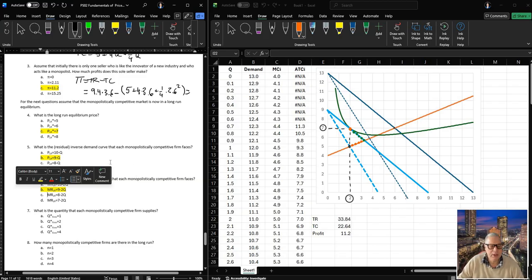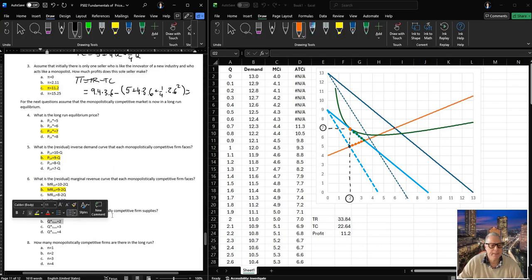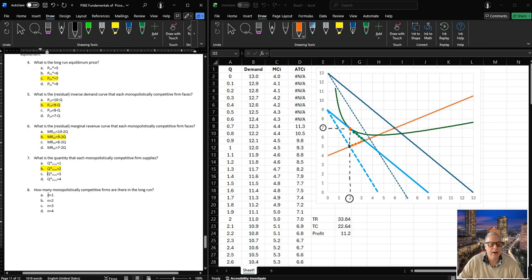What is the quantity that each monopolistically competitive firm supplies? Well, as we have seen, that's 2. And how many monopolistically competitive firms are there in the long run? Well, we know that at a price of 7, there is a total demand of 6. So there must be 3 firms in the market.